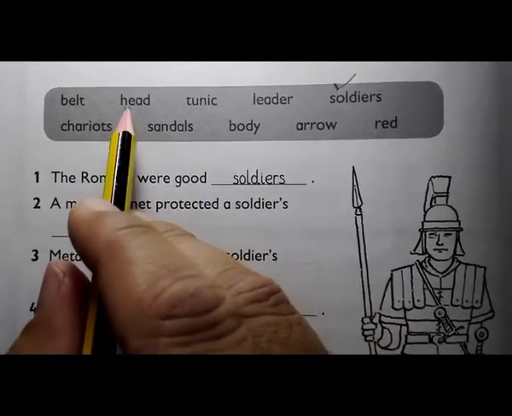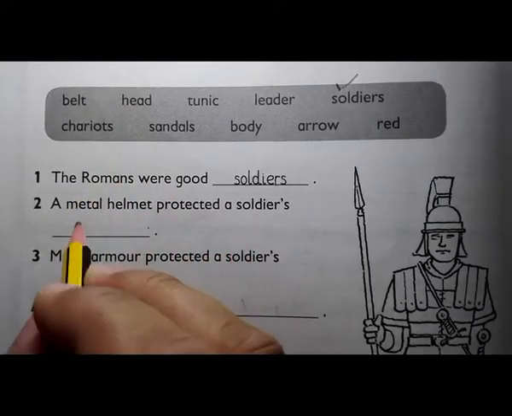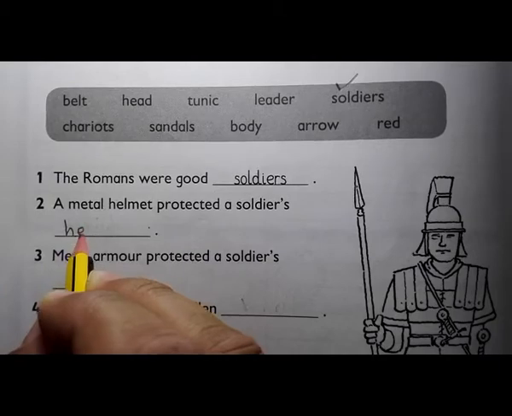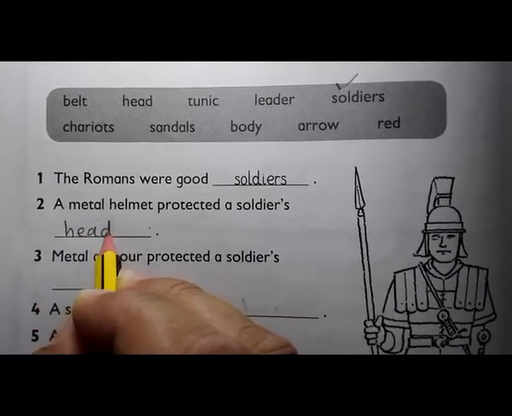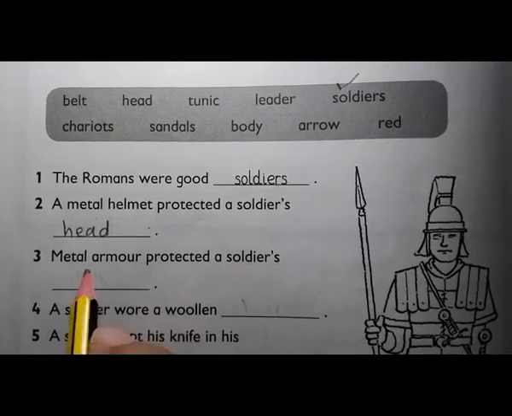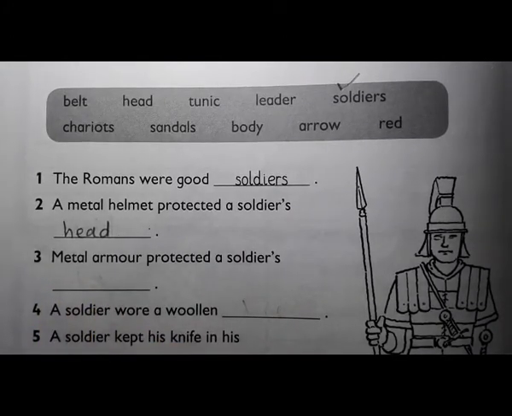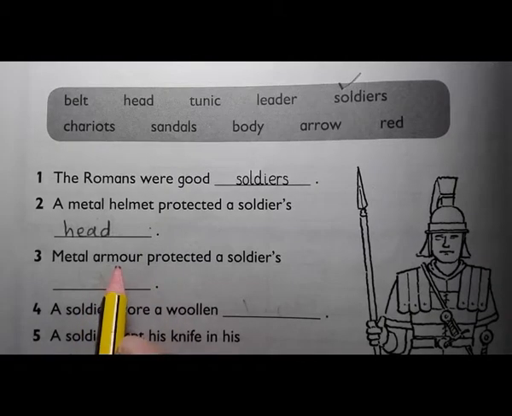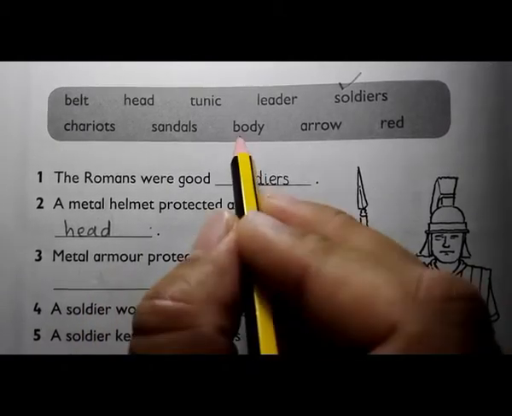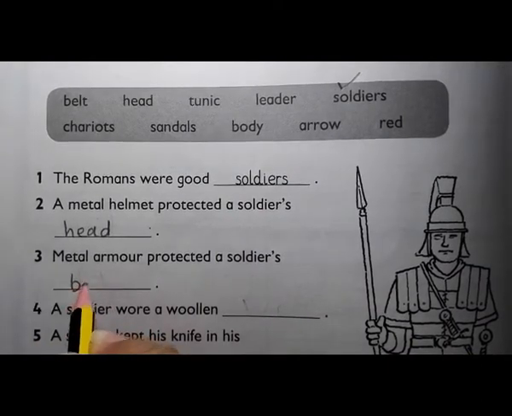It must be head because the soldiers wear the helmet on the head, so it must protect the head. H-E-A-D, head. Number three, metal armor protected a soldier's body. Armor protects the body, so we will write here body.